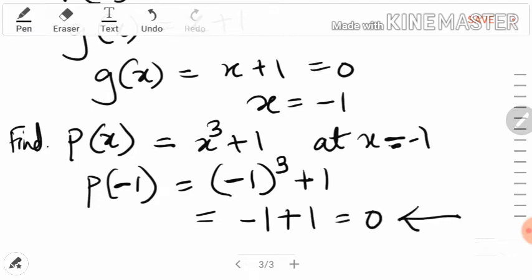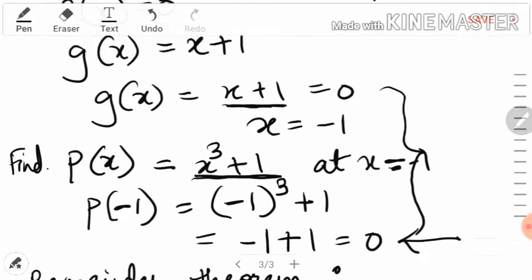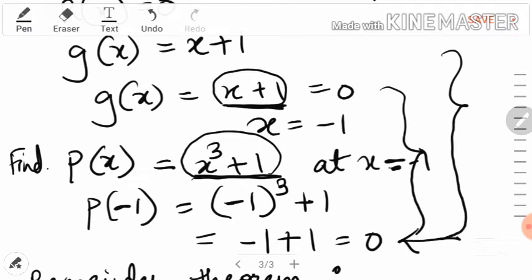So we see that by the simple method we get the remainder, and we know that when the remainder is 0, the divisor is a factor of the dividend. Now instead of using long division method, we can use this method that I have shown here to find the remainder, which is much easier.